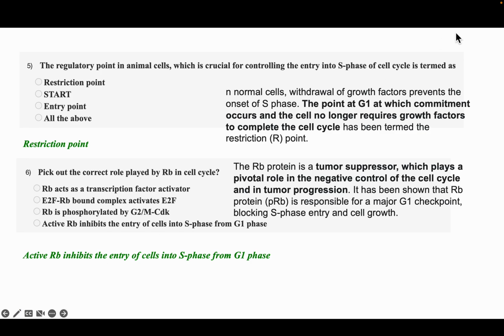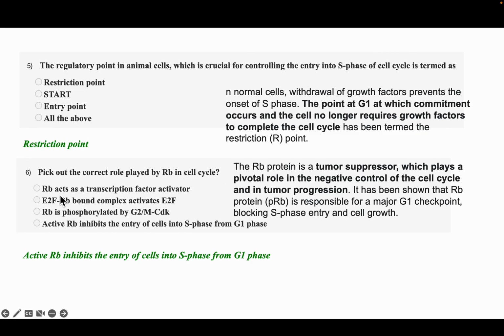So the point at G1 at which commitment occurs and the cell no longer requires growth factors to complete the cell cycle has been termed as restriction point. Now, what was the second question? Pick out the correct role played by RB, retinoblastoma, in cell cycle.